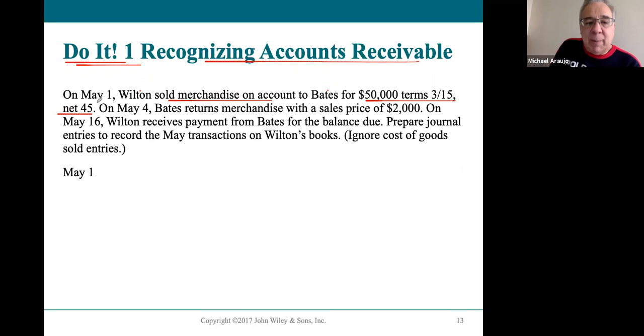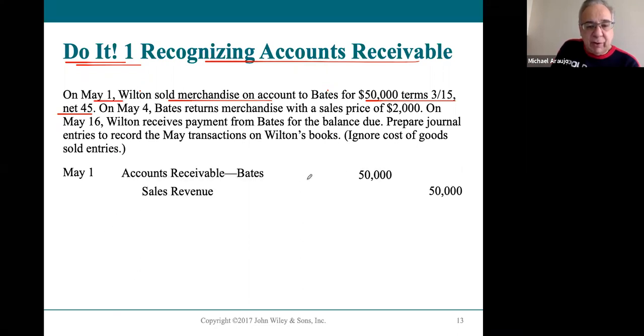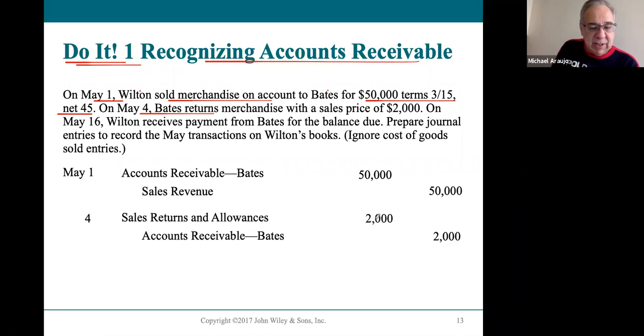So that happened on the 1st of May. So they're going to record the sale. It's a $50,000 sale to Bates, but it's a receivable. On the 4th, they returned some stuff. So we're going to have a sales returns and allowances. Now instead of the accounts receivable being 50 grand, you take 2,000 away. Now you've got your $48,000 in receivables, just like that.